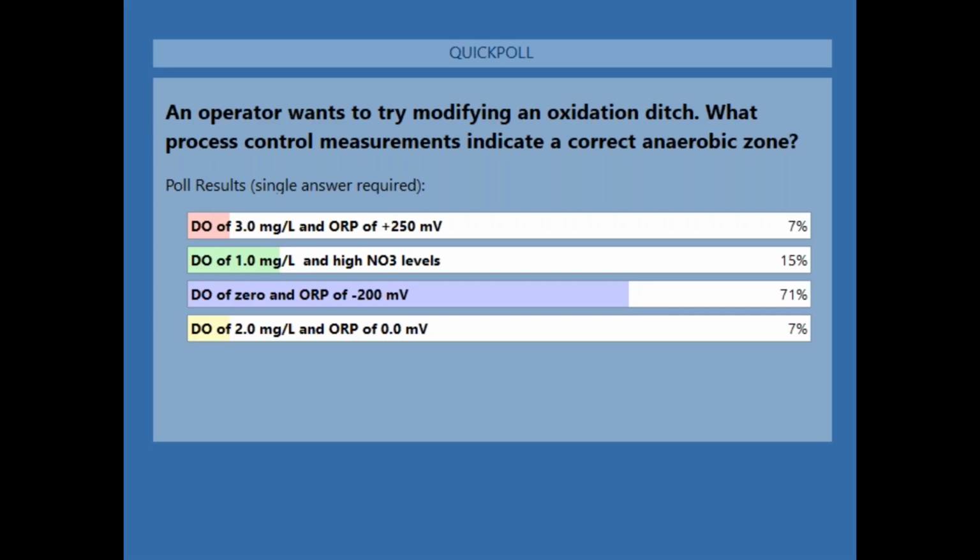And 7%, sorry, said DO of 2.0 milligrams per liter and ORP of 0. Yeah, the AN part of anaerobic means there's no DO, there's no dissolved oxygen, there's no form of oxygen whatsoever, and the ORP measurement would be negative 200 millivolts.